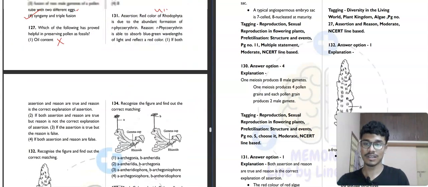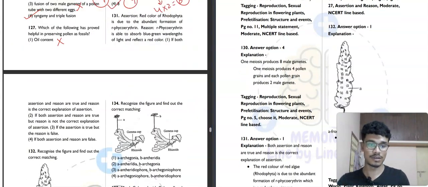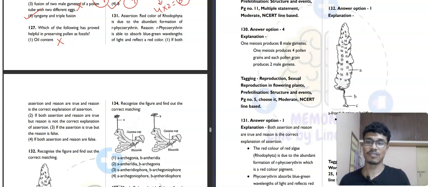The next one is question number 131. It is saying: assertion, the red color of Rhodophyta, that means Rhodophyceae, is due to abundant formation of R-phycoerythrin. Absolutely correct. The reason given is that R-phycoerythrin is able to absorb blue-green wavelengths of light and reflect red color. Absolutely correct.